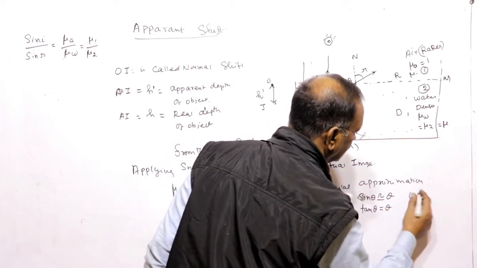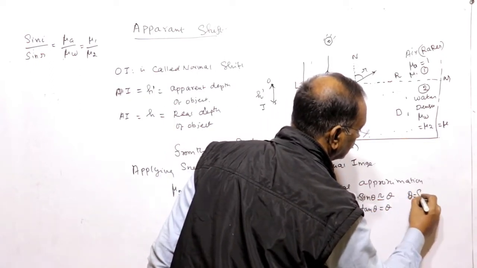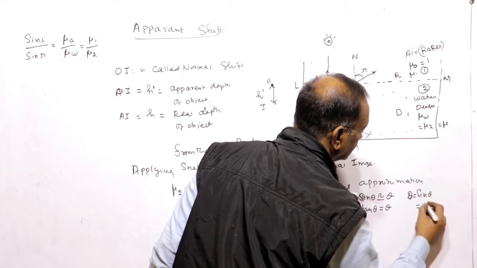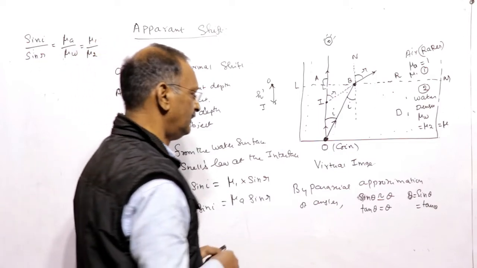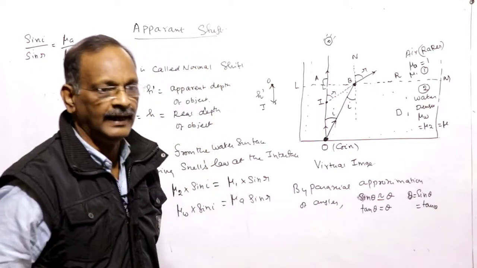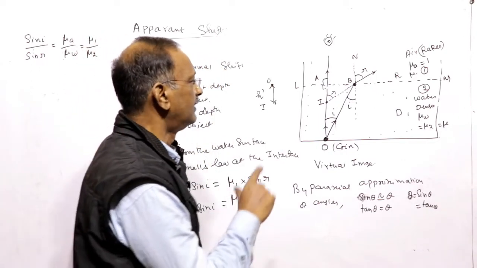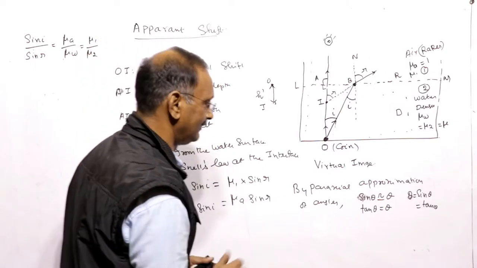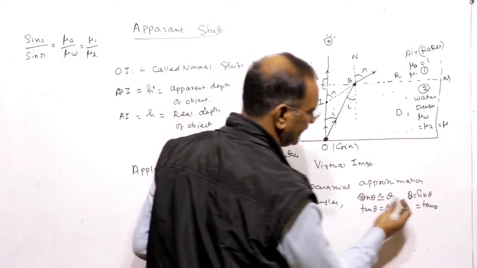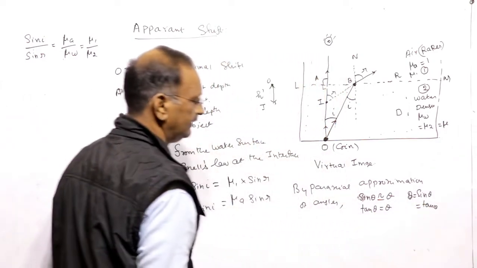For example, sine of 9 degrees is about 9 degrees. So theta is equal to sin theta is equal to tan theta. This is applicable for small angles, when all the rays are paraxial.